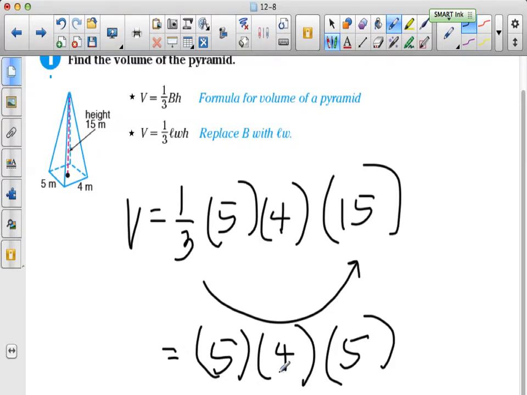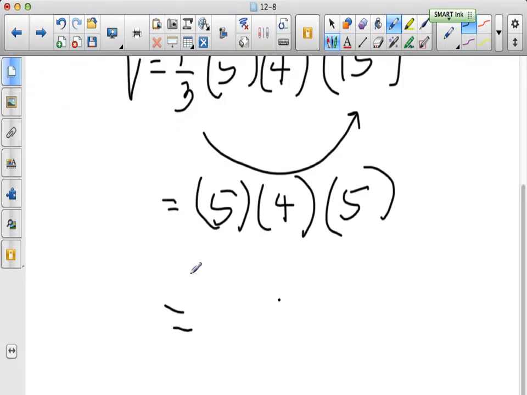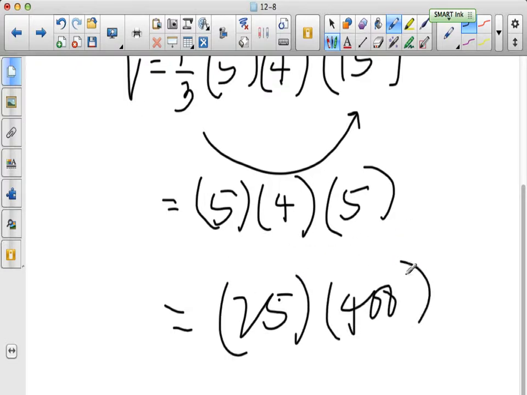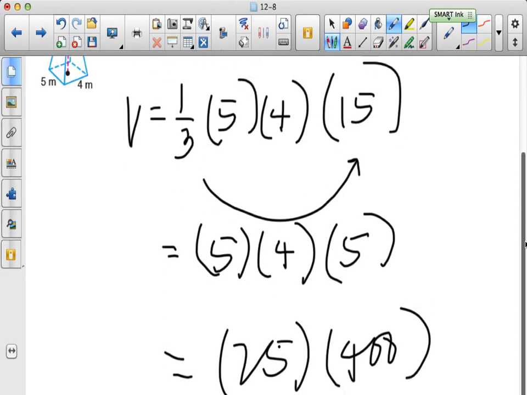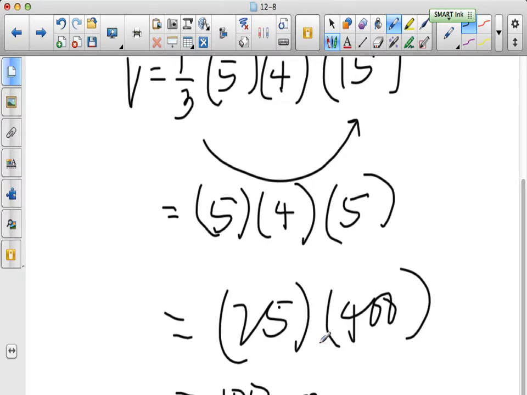You end up with 25 times 4, or 100 cubic meters. That is the volume of our pyramid in that example.